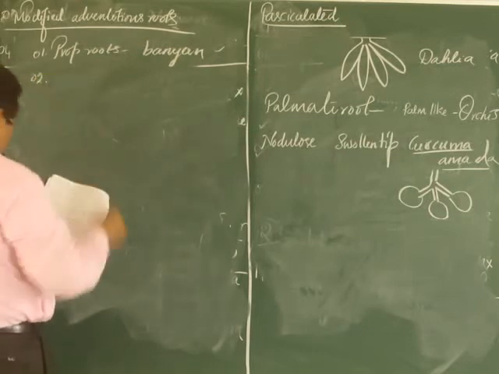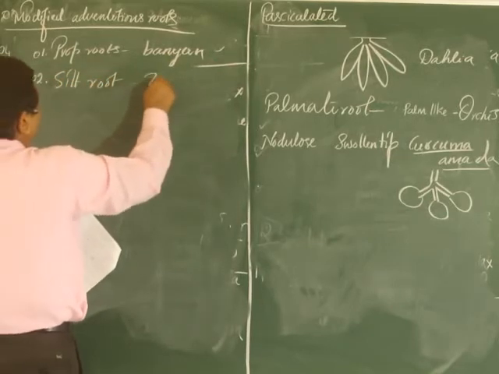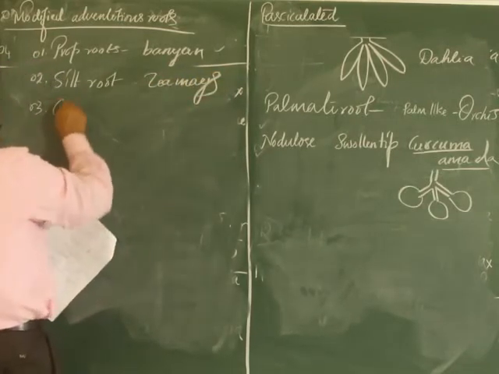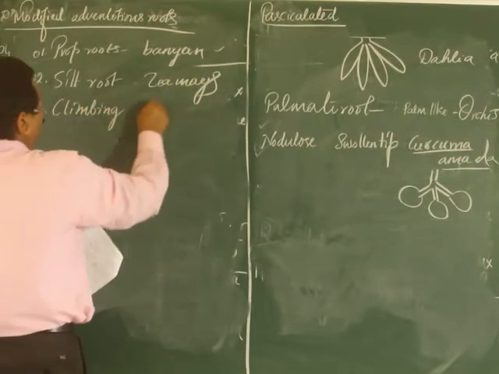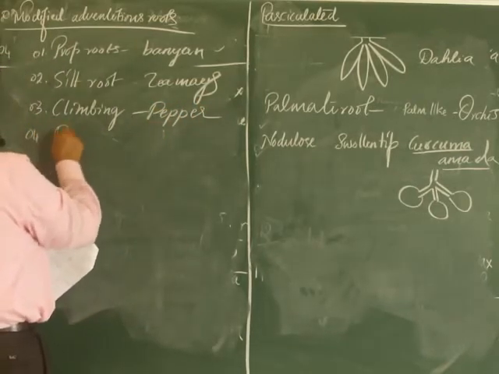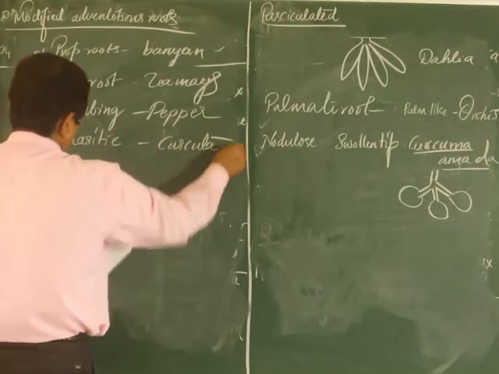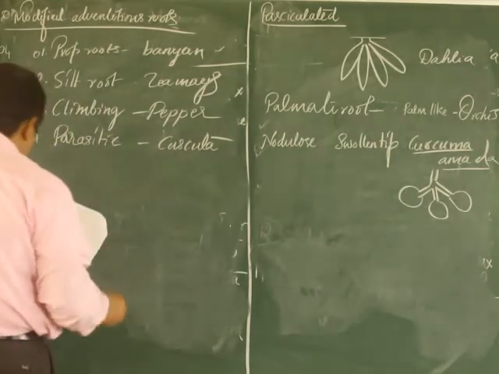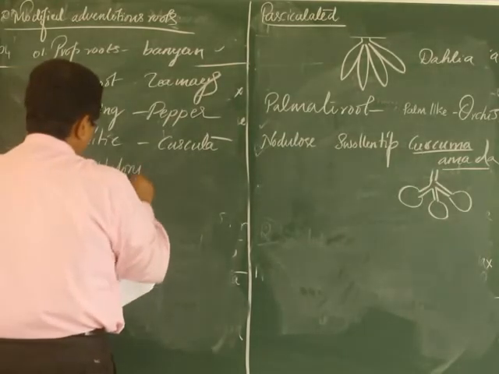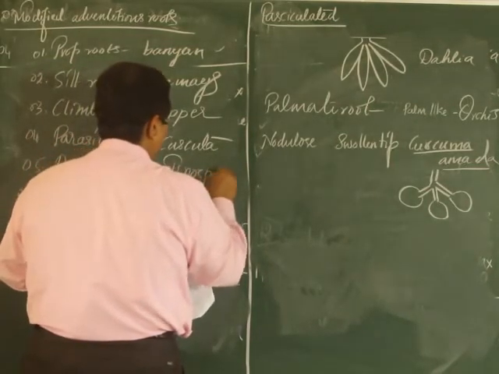Then stilt root, Zea mays, and then climbing root, pepper, parasitic root in Cuscuta, then assimilatory root, Tinospora.